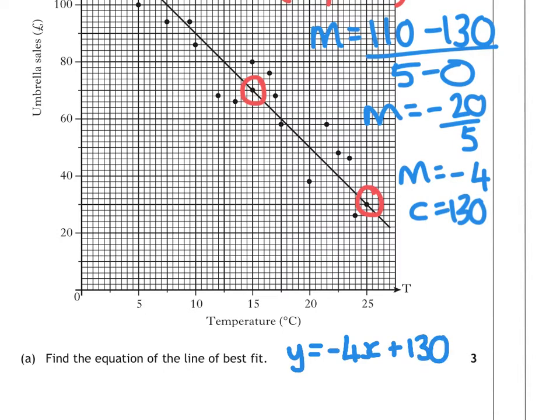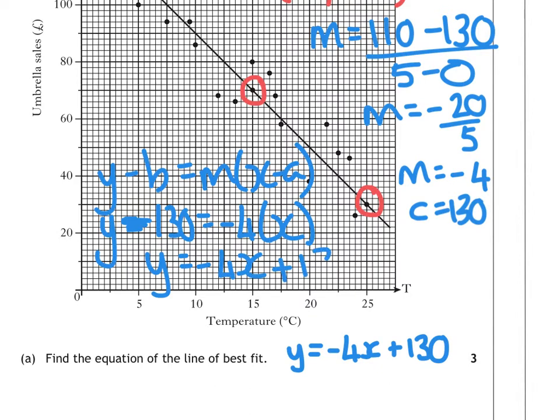Now you could also then take one of your coordinates and plug it into the other equation, which is y minus b equals m(x minus a). If I take the first coordinate there of 0, 130, I'd have y minus 130 equals minus 4 bracket x take away 0, which wouldn't count, which would also give me the minus 4x, and then that becomes plus 130.